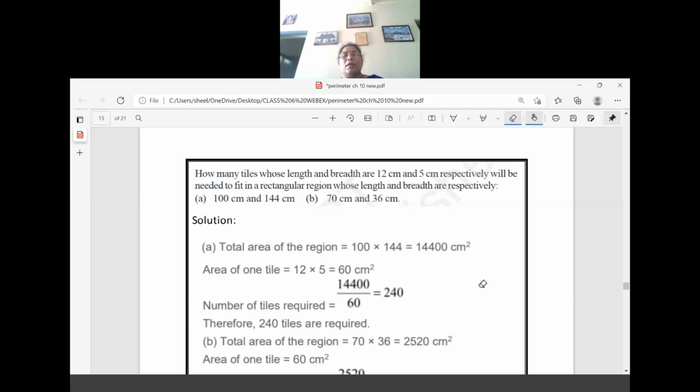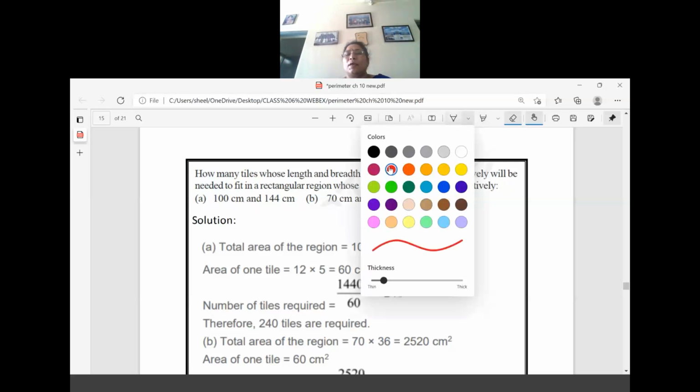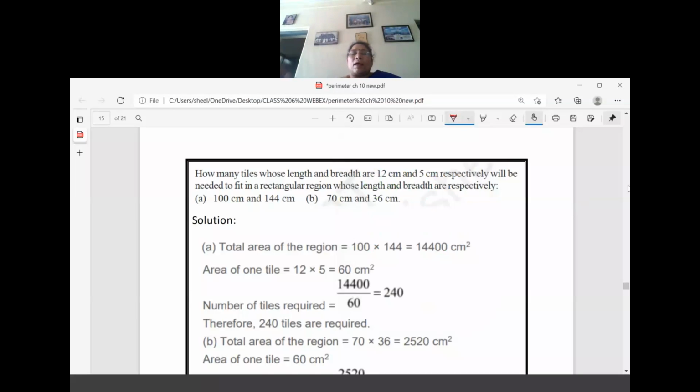So what happened here? Here we are having a bigger area, with 100 and 144 as the dimensions, length and breadth only. Now the tile's length and breadth is given as 12 into 5. So number of tiles required is equal to total area divided by area of one tile.